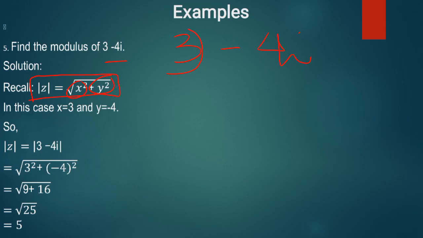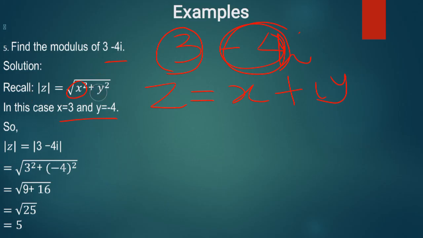Your x is going to be 3 and your y will be minus 4, not 4, but minus 4, because the complex number is always of the form x plus iy. So it has to be minus 4. That's what I've written here. In that case, x equals 3 and y equals minus 4.